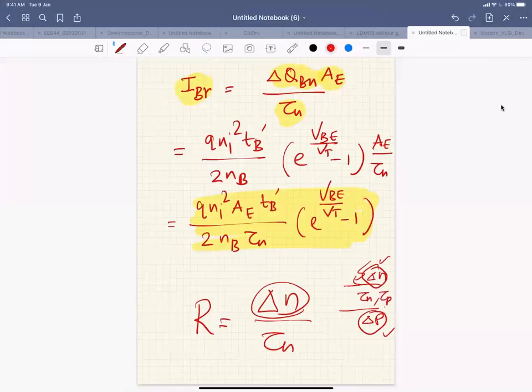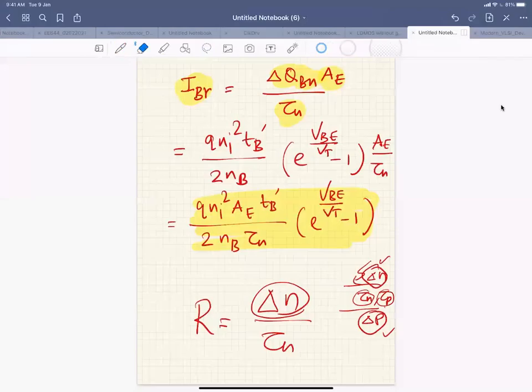Recombination R is nothing but delta n by tau n. If tau n is high, it is slowly recombining because there are not many defects, so R will be low. If tau n is low, your recombination rate will be high.